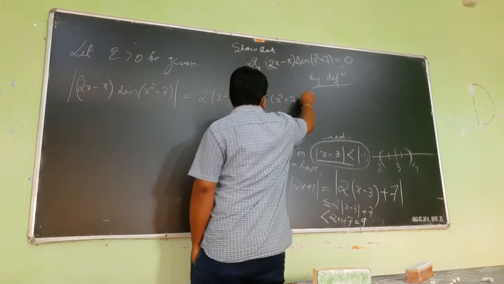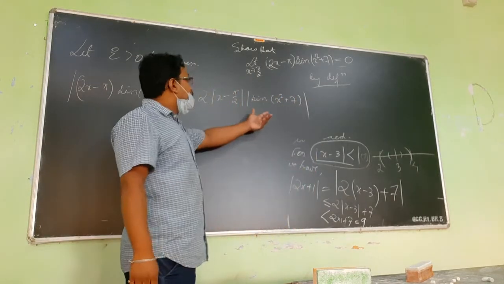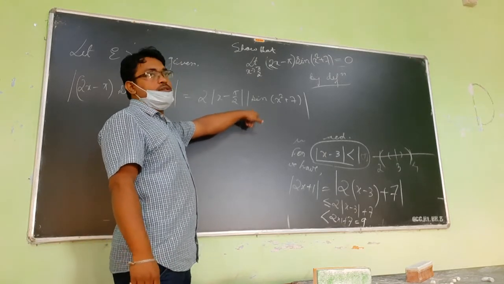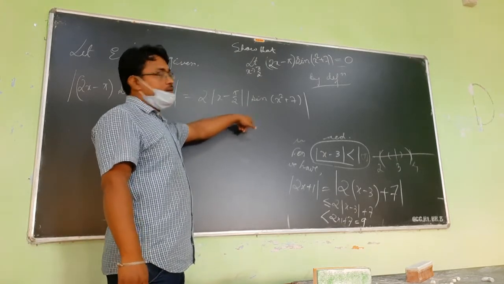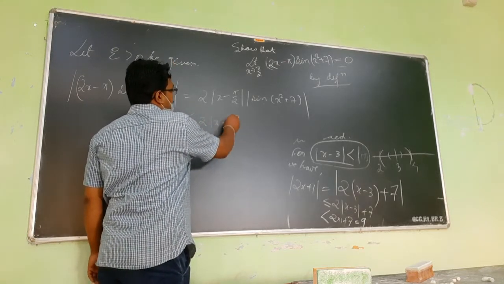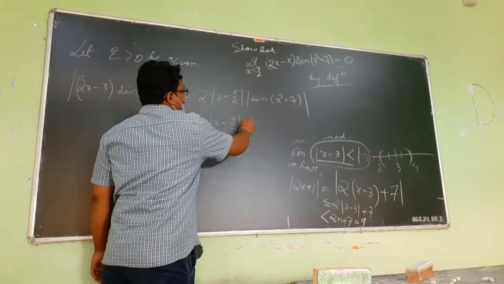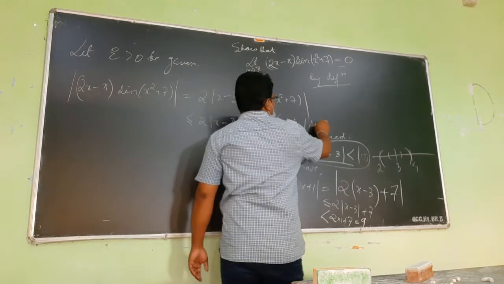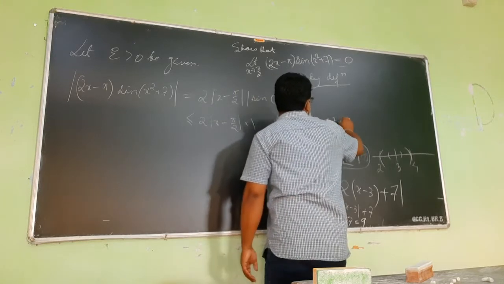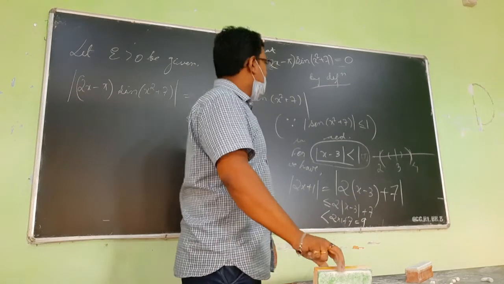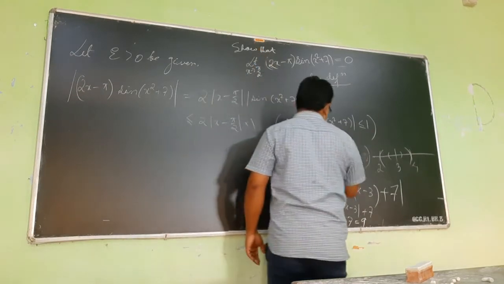But we know that the modulus of the sine function is always less than or equal to 1. So this is always less than or equal to 2 multiplied with mod of x minus pi by 2 into 1, since mod of sine of x square plus 7 is always less than or equal to 1.